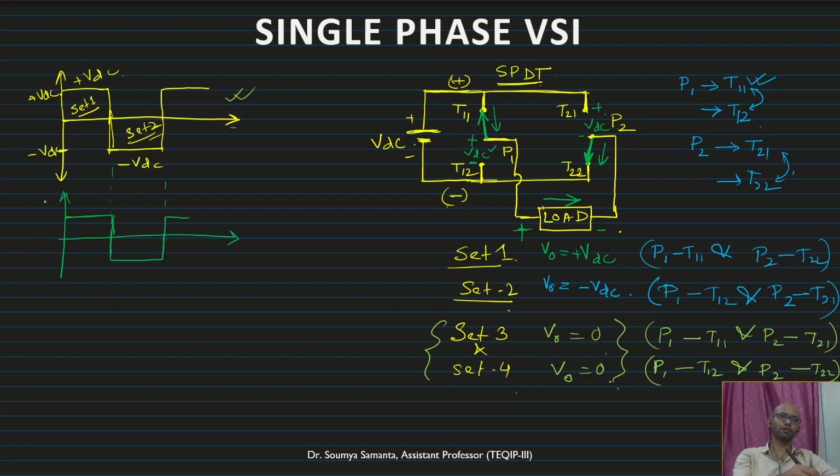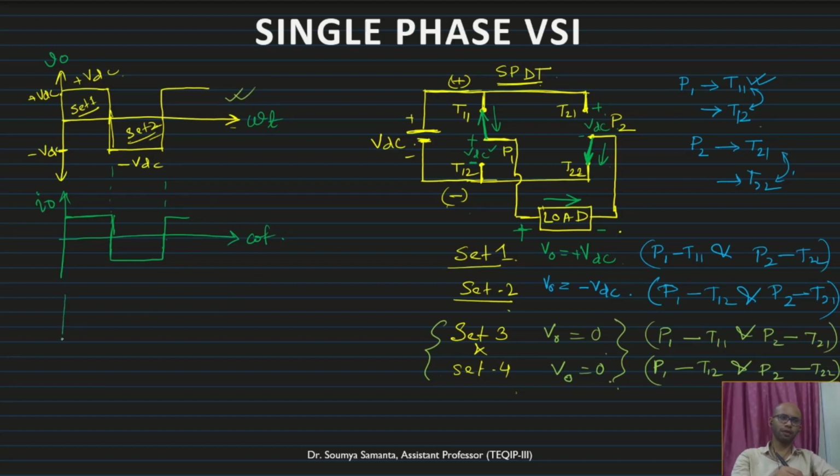Suppose this is IO, that is VO, this is time, in milliseconds, or if I represent it in terms of angle, we can represent it in omega t. That's the fundamental angle. Now we can see that it is in the same phase.